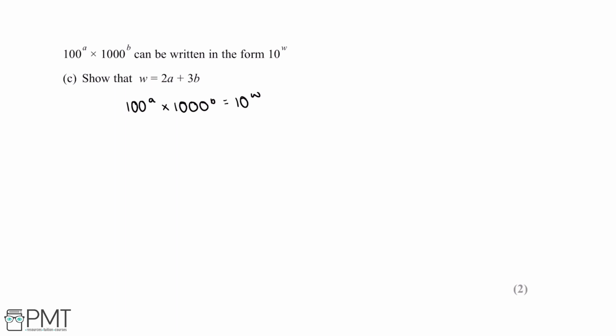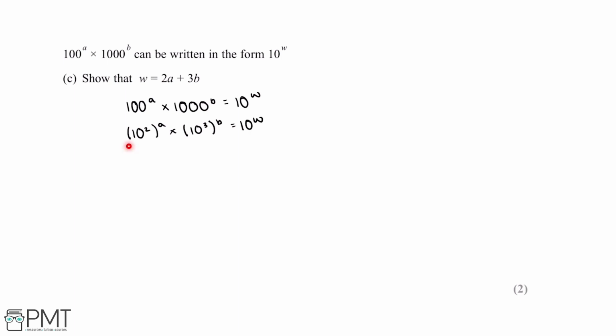So if we start off with 100, so 100 is equal to 10 squared, so we can rewrite 100^a as 10 squared all to the power of a. Next 1000 to the power of b. So 1000 can be rewritten as 10 cubed, and this will all be to the power of b.